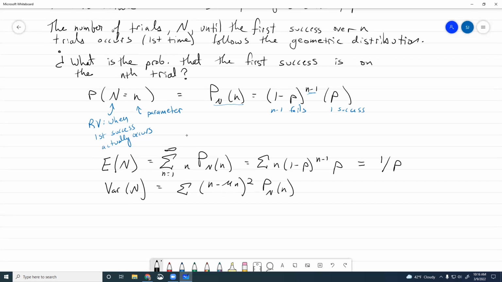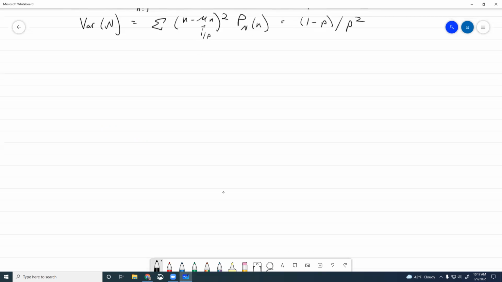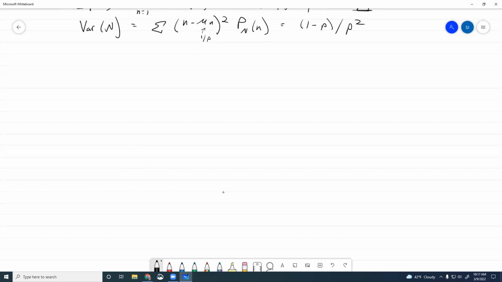And we know that mu is 1 over p from before. So what you end up with when you take that all out is 1 minus p over p squared. So not too bad. Let's look at the actual distribution, and then we'll talk about how this applies.